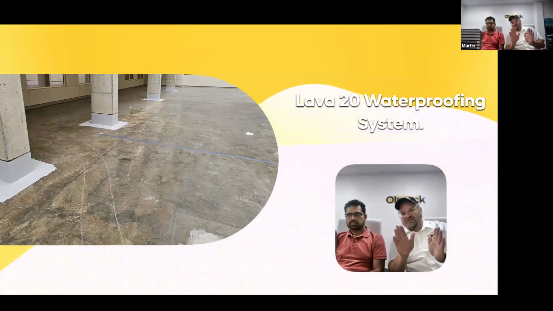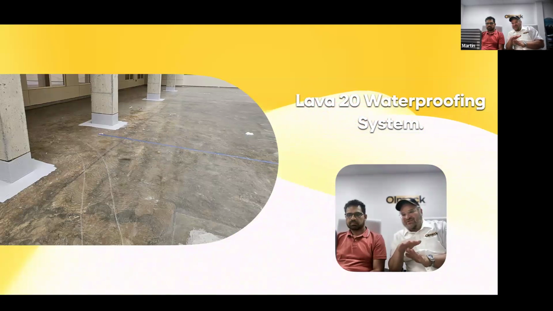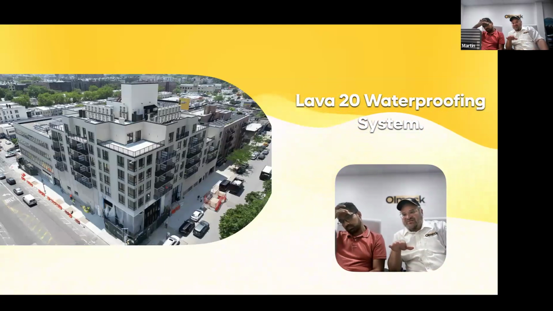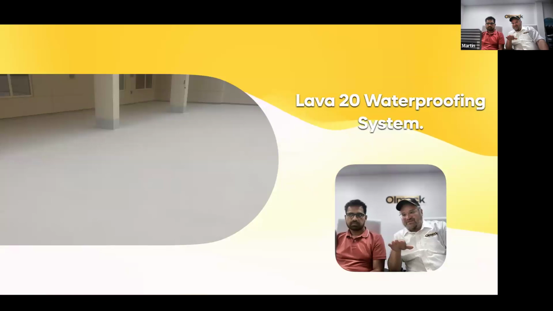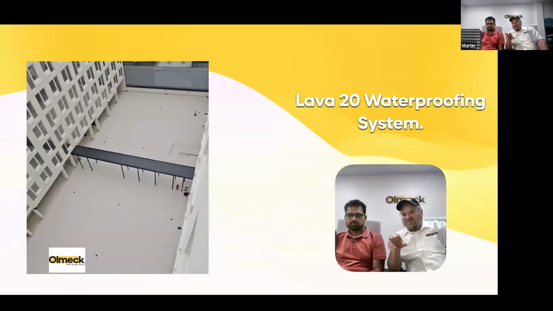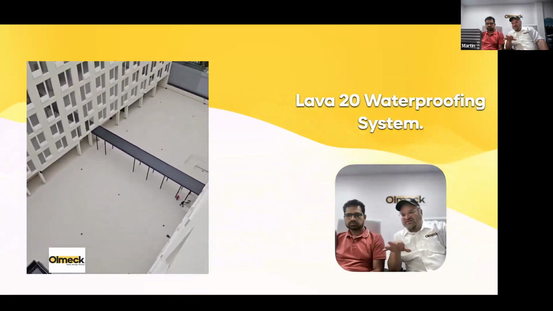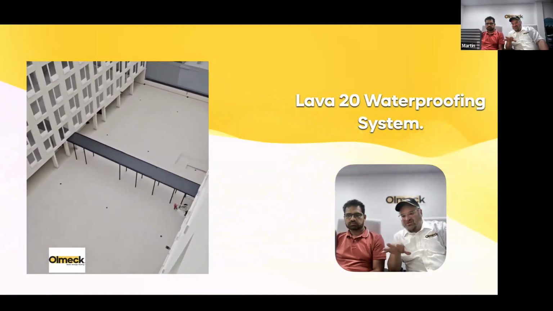We made all the penetrations nice and clean, and then we put the full system of Lava 20 fleece resin. And on top of that, we made an anti-slip system, the cords on top. And this is the finished product, the finished job site.